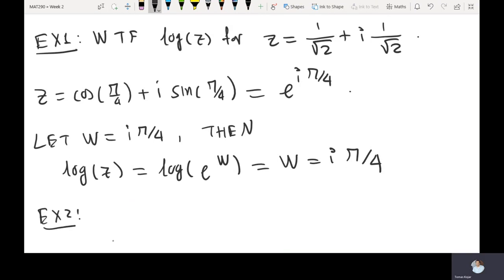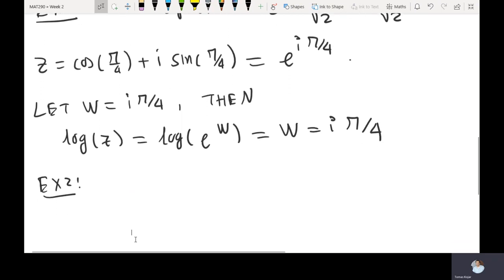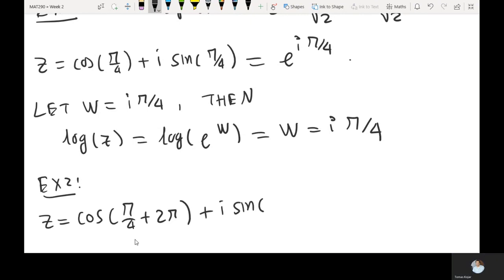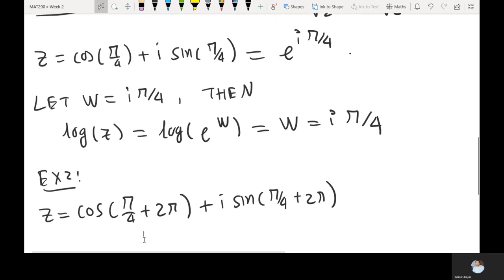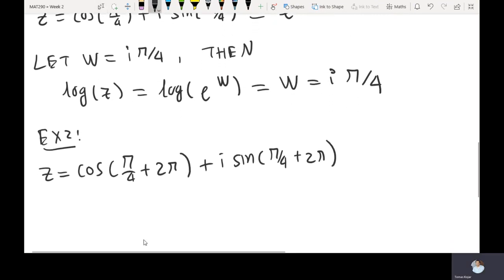But here's something interesting. We could have done the following. Z, same z as above, is equal to cosine of pi over 4 plus 2 pi, right? There's no difference when you shift things by a full angle, right? But that gives a problem. This implies the following. So this is now equal to e to the i pi over 4 plus 2 pi.